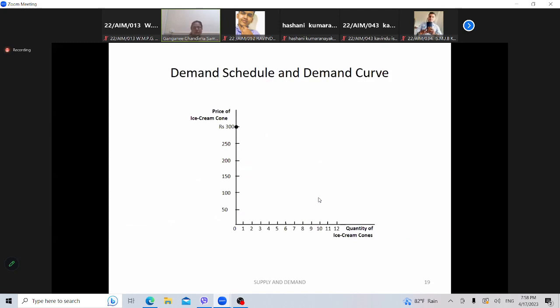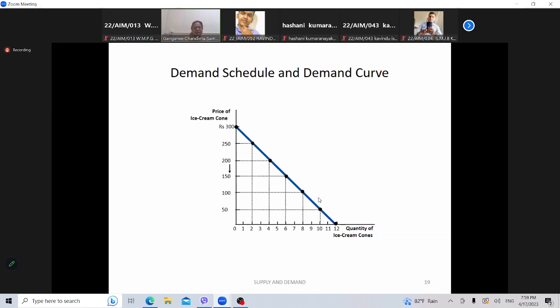So when we see again the price of ice cream cone here, I took the quantity of ice cream cone. So gradually when price is decreasing, the quantity is increasing.